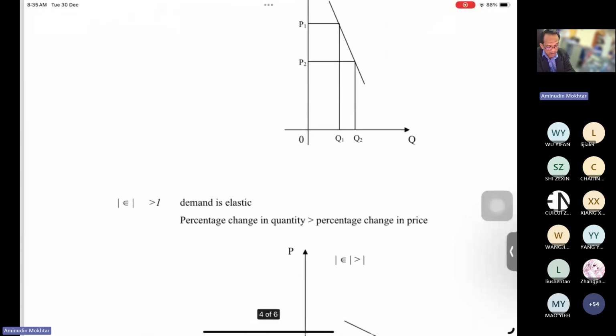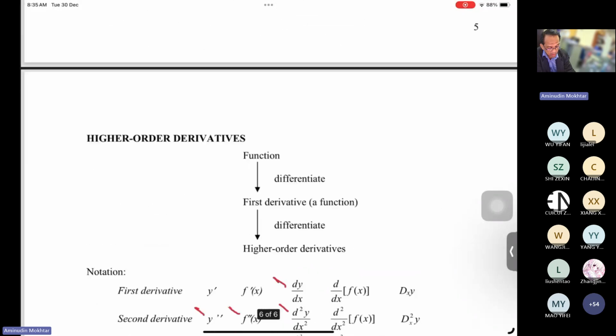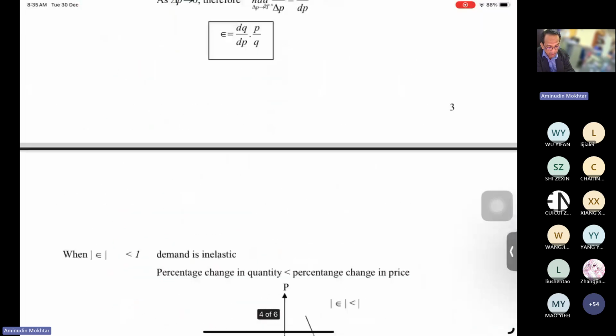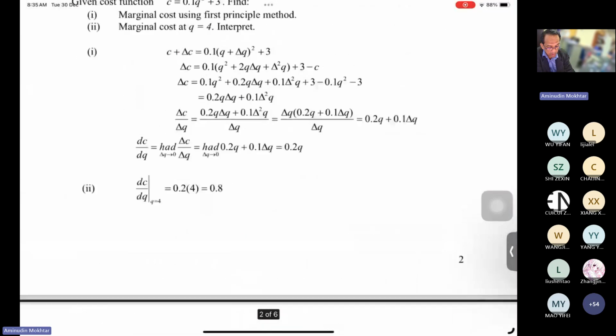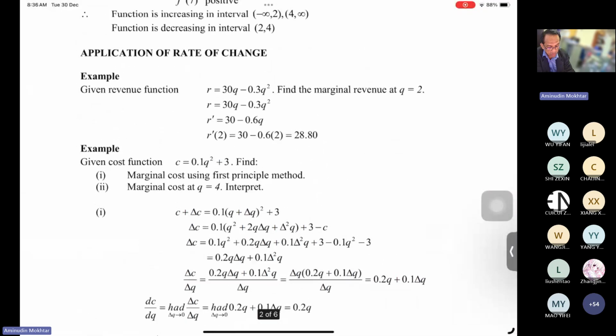We have demand elasticity here, in part C. Before that, I will explain what the weight of chain is.